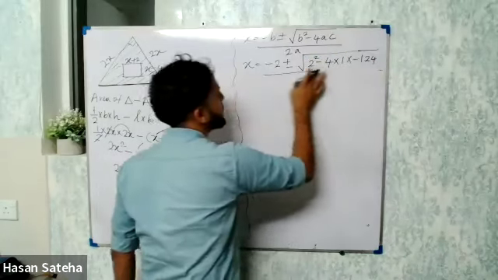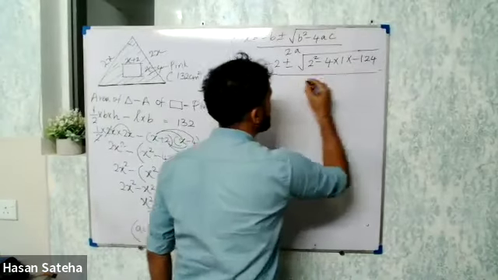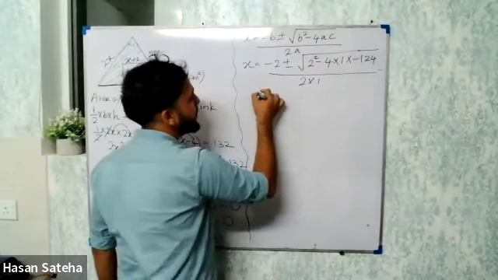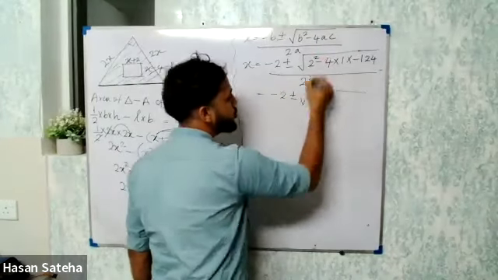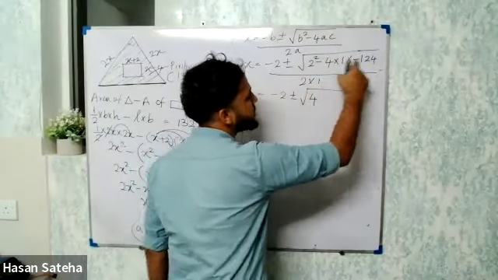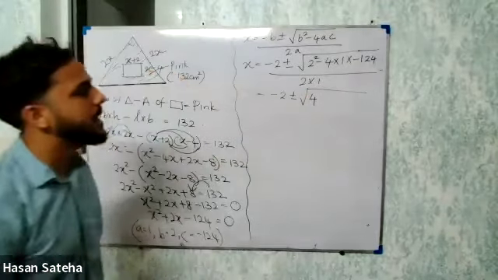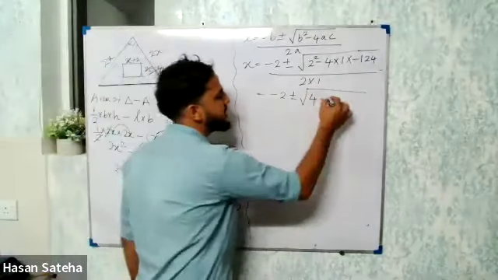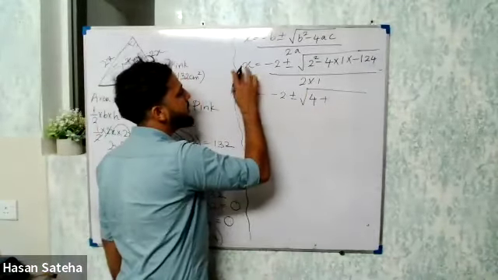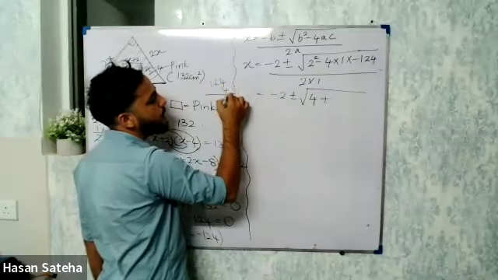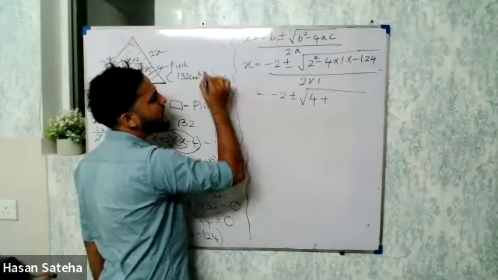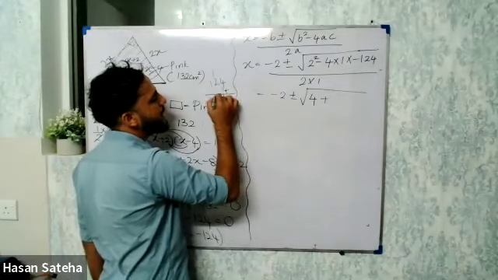Divide the whole thing by 2a, 2 into 1. So minus 2 plus or minus inside the square root, 2 squared is 4, minus 4 into minus 124. Minus into minus is definitely plus. 124 into 4. What is 124 into 4? 4 into 4 is 16. 2 into 4 is 8 plus 1, 9. 1 into 4 is 4.